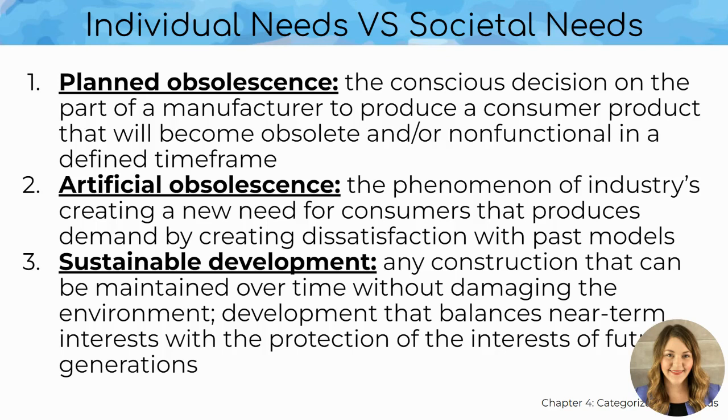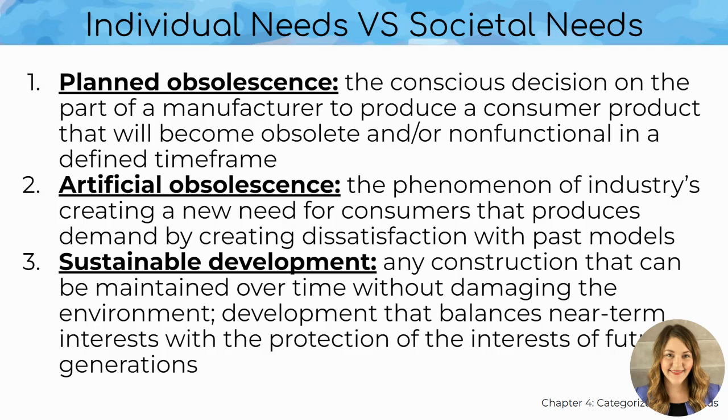They identified it as limited that way. Artificial obsolescence is a phenomenon of the industry creating a new need for consumers that produces demand by creating dissatisfaction with past models.